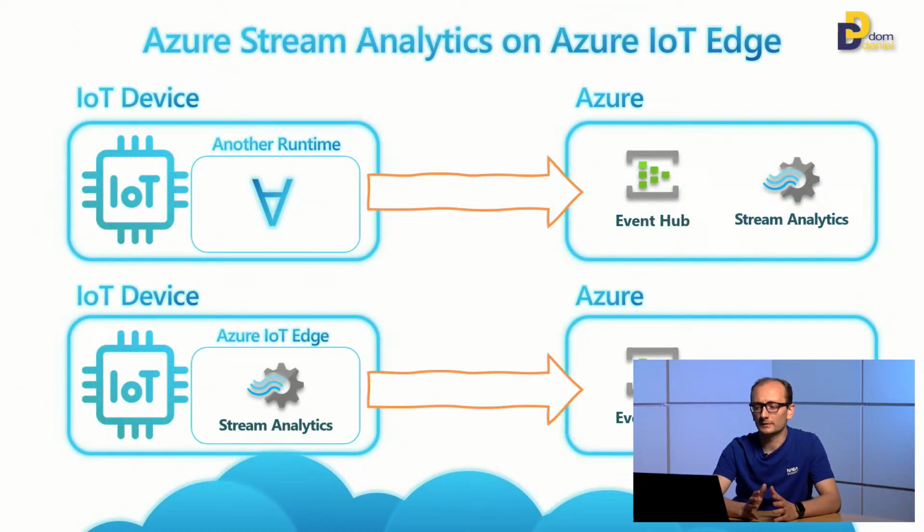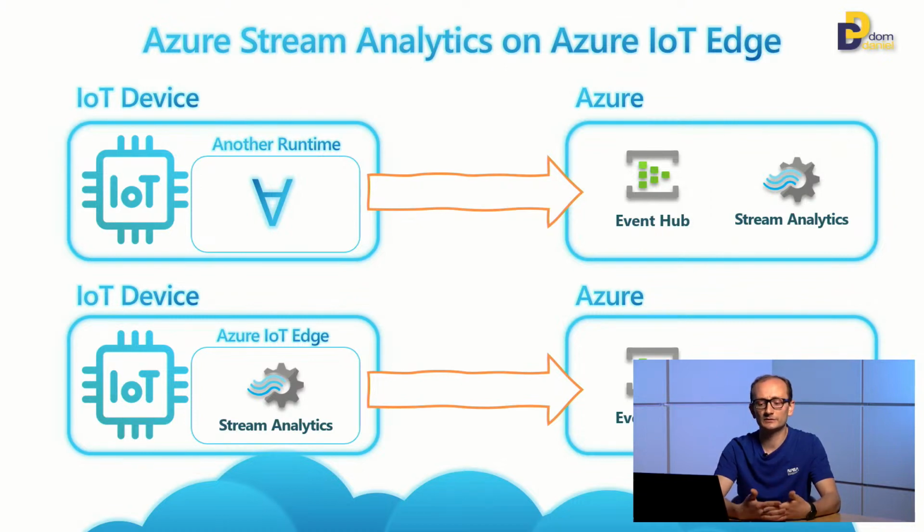Here is something important that I want to mention about Azure Stream Analytics. We can use it on IoT Edge. Let's assume we have an IoT device and we need to delegate this event with Event Hub to Azure. Afterward, we connect Stream Analytics to Event Hub, making some queries.